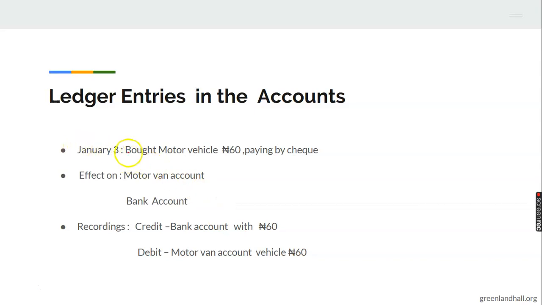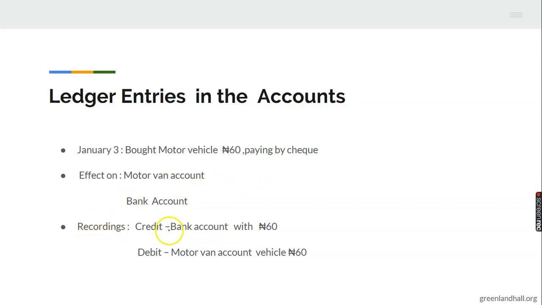On January 3, bought a motor vehicle for 60 naira, paying by check. The effect will be on these two accounts, that is the motor van account and the bank account, as the amount was paid with a check.